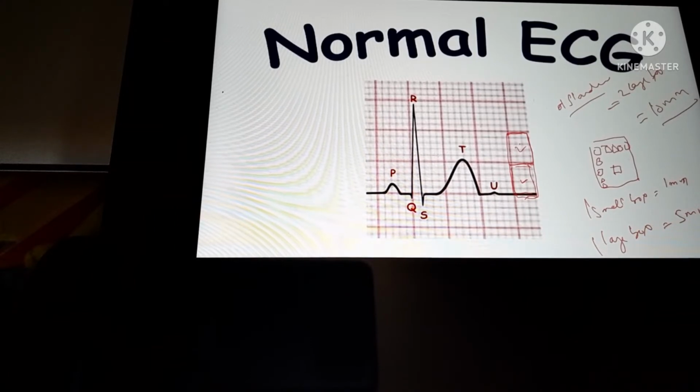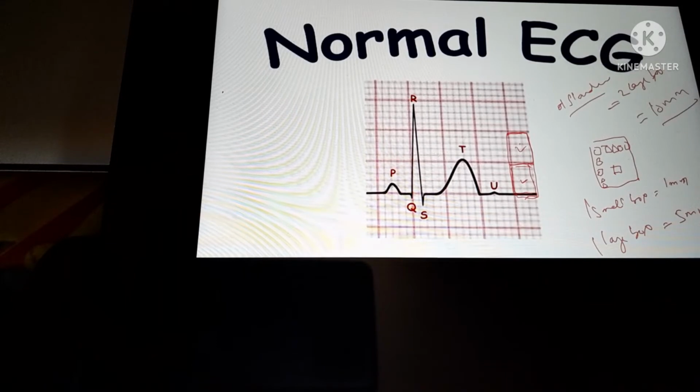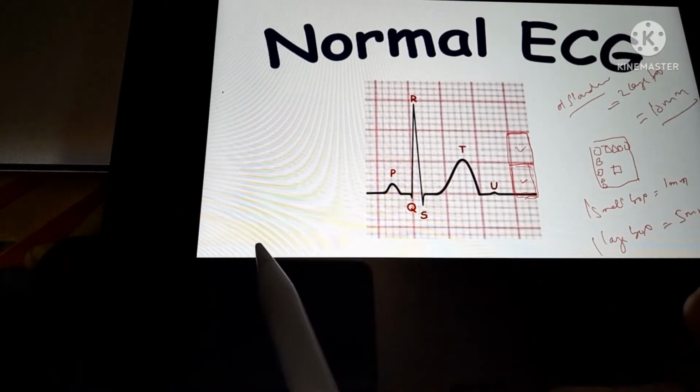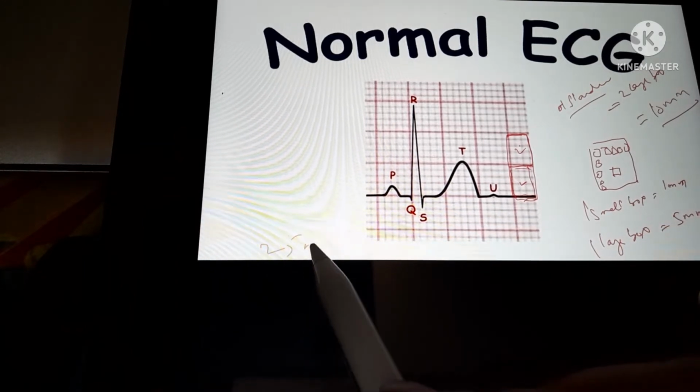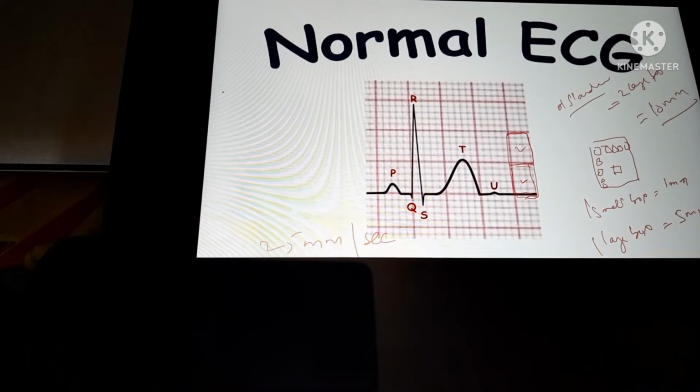Second thing, after standardization, we have to see the speed of the ECG paper. Usually at the bottom, it is written as 25 mm per second. So we have to ensure that the ECG paper speed is 25 mm per second.